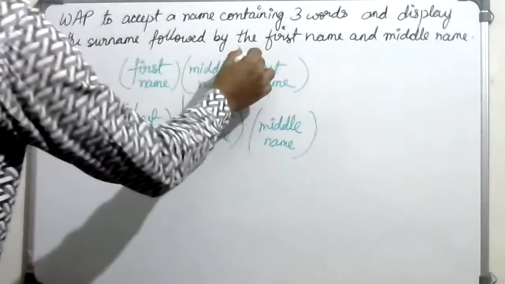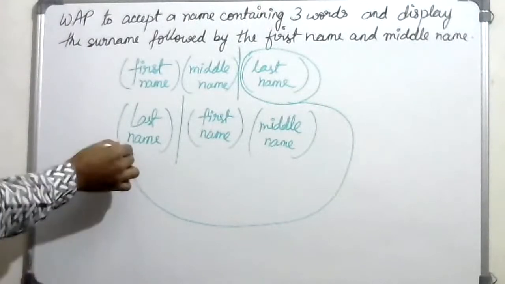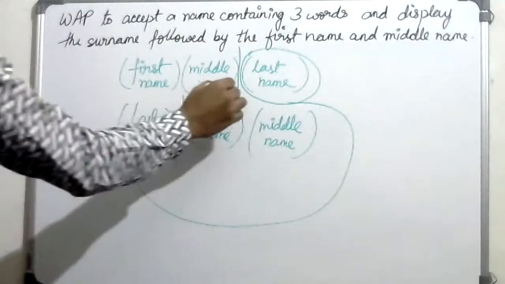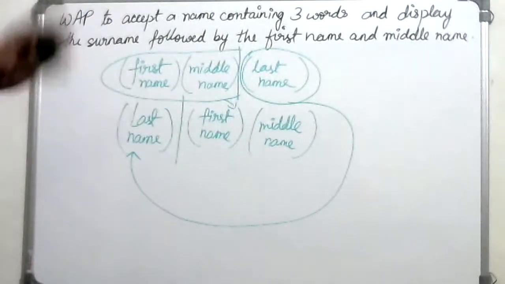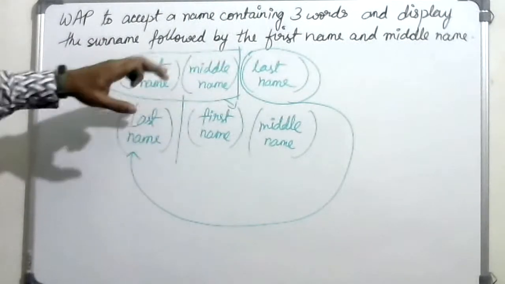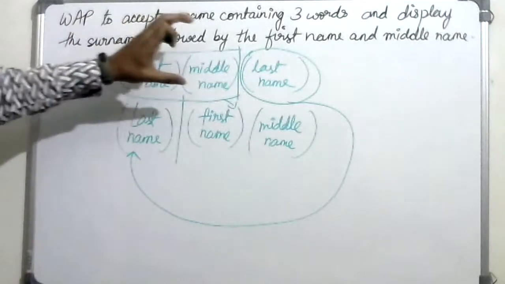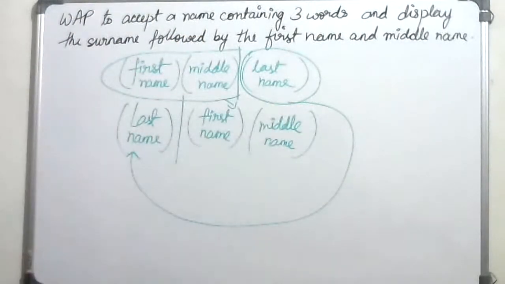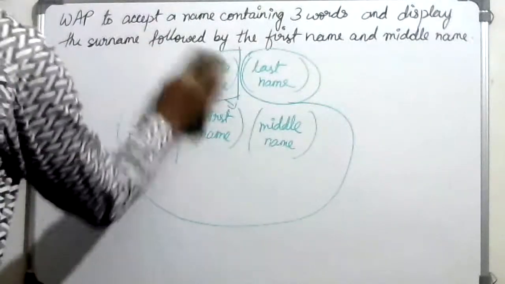So you're just taking this part out and placing it at the beginning, and the rest of the part is just coming here after the last part. So there are three parts in the name. The last part will come at the beginning, and the first and second parts will just come after that. So it's pretty simple. Let's take a look at the program code.